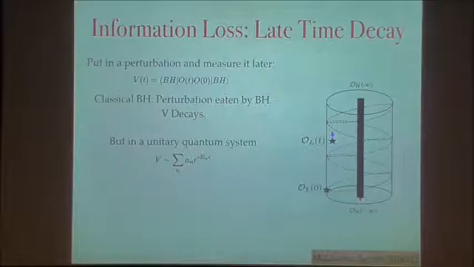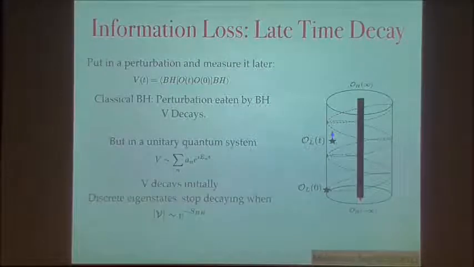Then for any quantum field theory defined on a compact space, such as a circle here, it will have a discrete set of energy levels. And this discreteness will tell you that this sum will decay initially because the different phases do not line up and they tend to cancel each other.